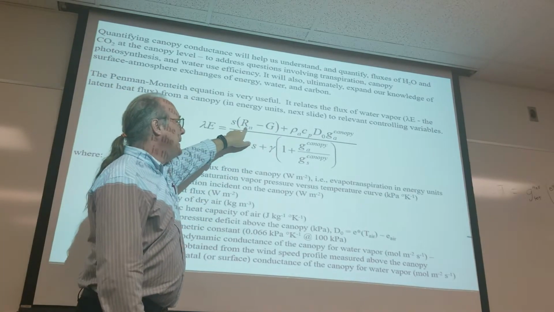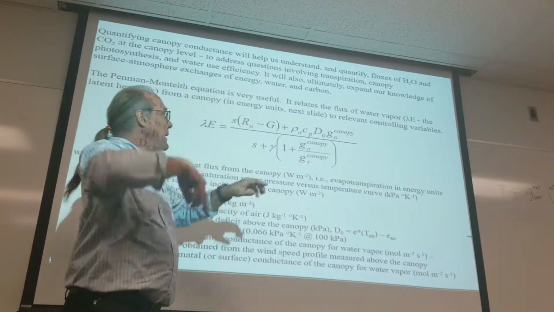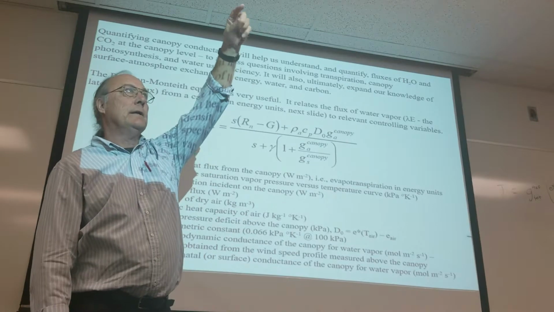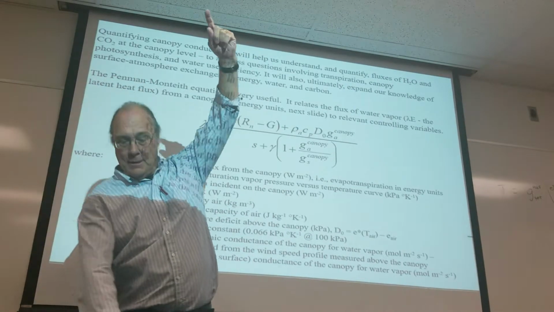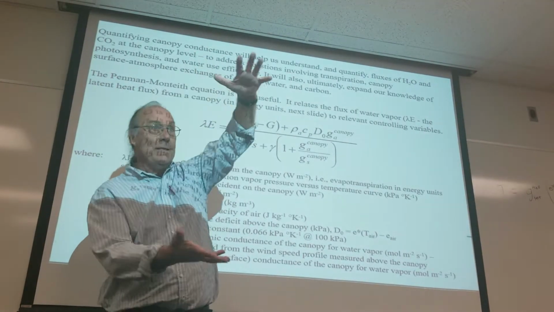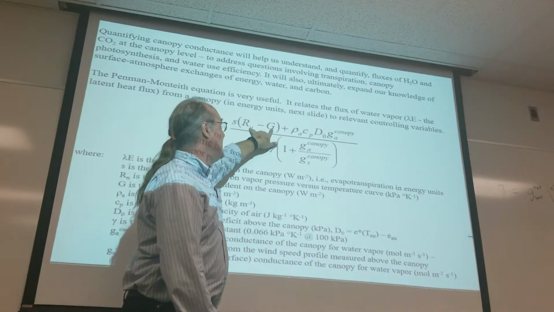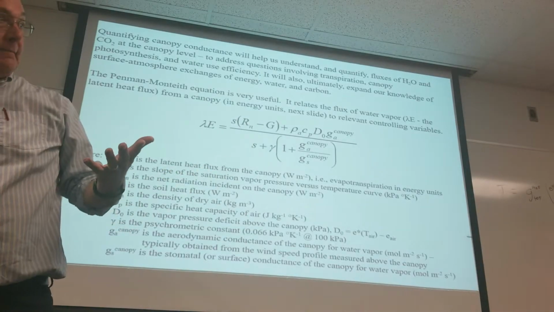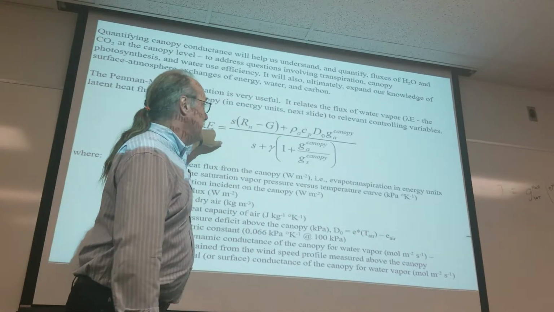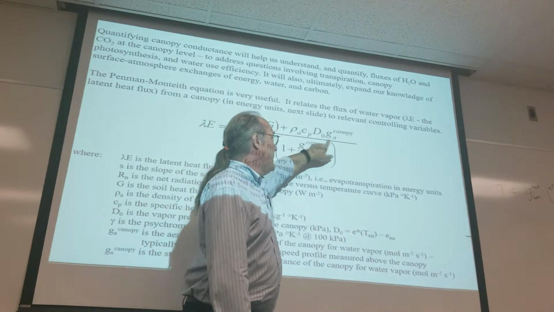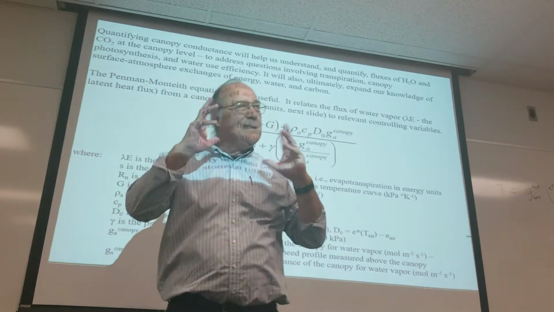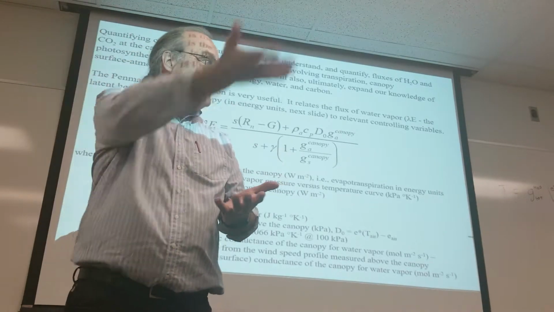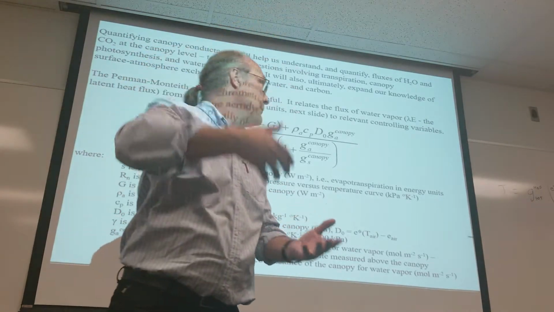Here we have the net radiation above the canopy and the soil heat flux, so the difference between the net radiation, how much energy is coming in the top versus how much is going out the bottom, is called the available energy. And that available energy is typically partitioned into sensible heat flux and latent heat flux. Here's the latent heat flux term. It depends on the aerodynamic conductance of the canopy, which is sort of similar to the boundary layer conductance, but now it's for an entire plant canopy.